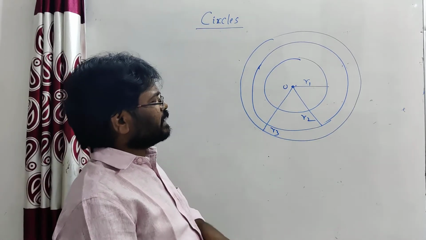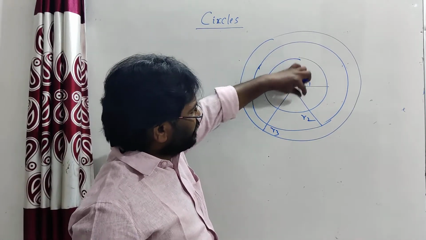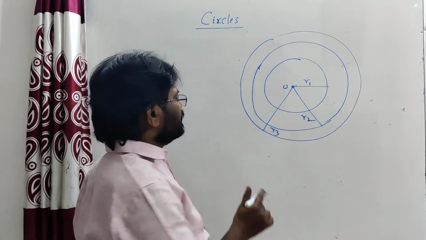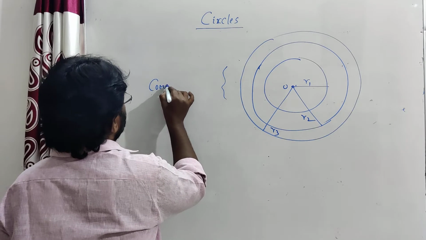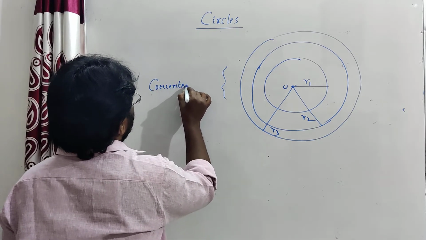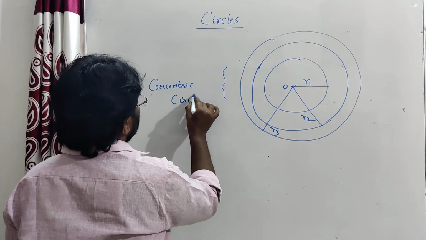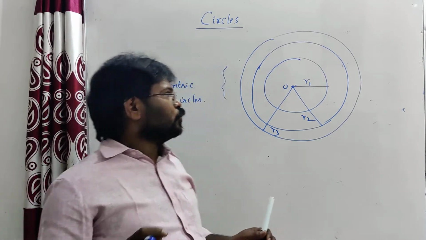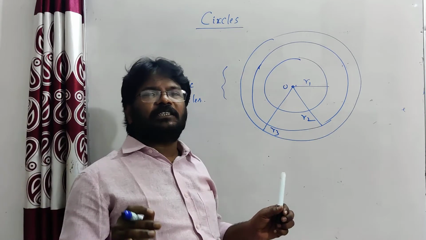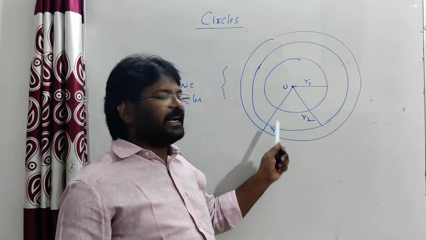These are circles having the same center with different radii. So these circles are known as concentric circles. The definition is: two or more circles having the same center and different radii are known as concentric circles.